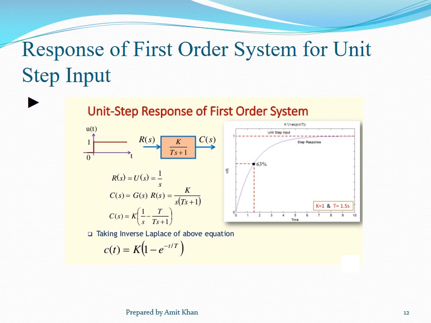This is the unit step response of a first order system. You can see the response curve, and here C(s), that means output, is defined as K by s into (Ts plus 1).